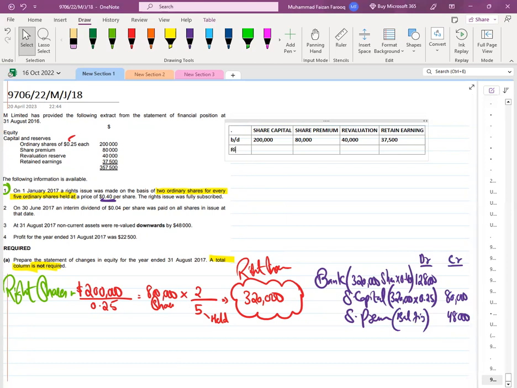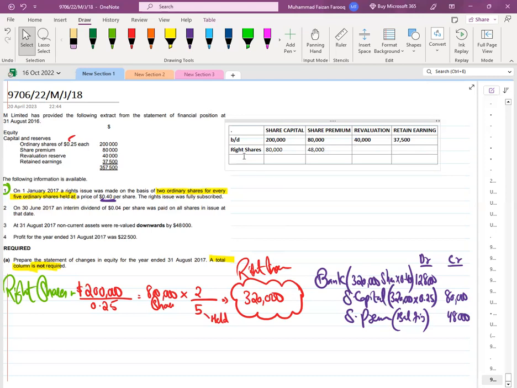Equity on the credit side. On the credit side, equity increases or decreases? On the credit side, it increases. So I will add 80,000 in the share capital column and 48,000 in the premium column. There is no requirement of a total column, so leave the total column empty.